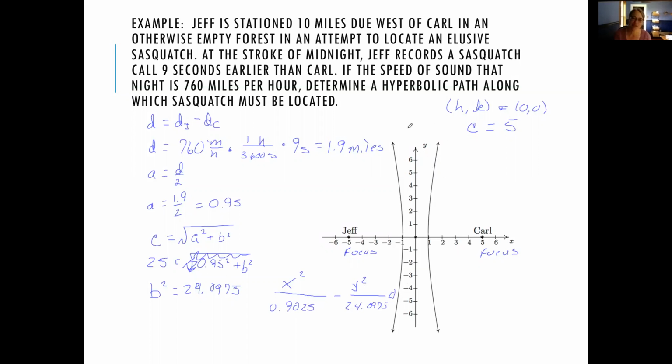Remember that Sasquatch is closer to Jeff, so Sasquatch was somewhere along this hyperbolic path. You could scribe this path onto your map and walk that same path searching for Sasquatch sign. You can't get a picture of Sasquatch because he's moved on, but you can find his tracks. Maybe, if you believe in Sasquatch.